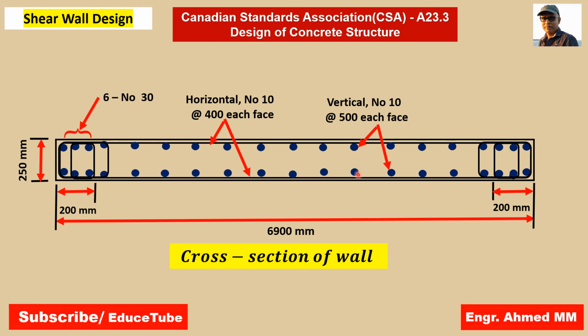I mean these are all vertical bars, as it is a section. Number 10, 500 millimeter each face, I mean on both sides. And horizontal bar, it is this one, already I marked here, this and this. Number 10 at 400 millimeter each face, on both faces. And here already I told 6 number 30 bars. I think that's all for this shear wall design.